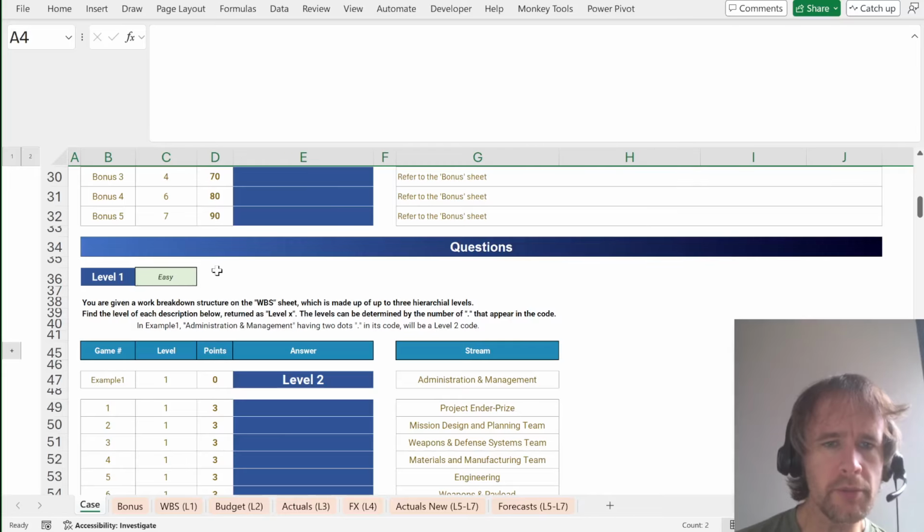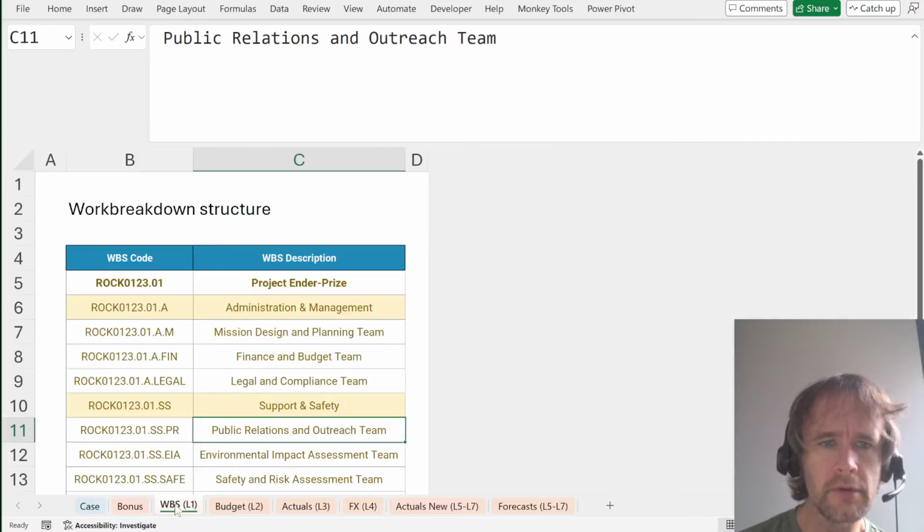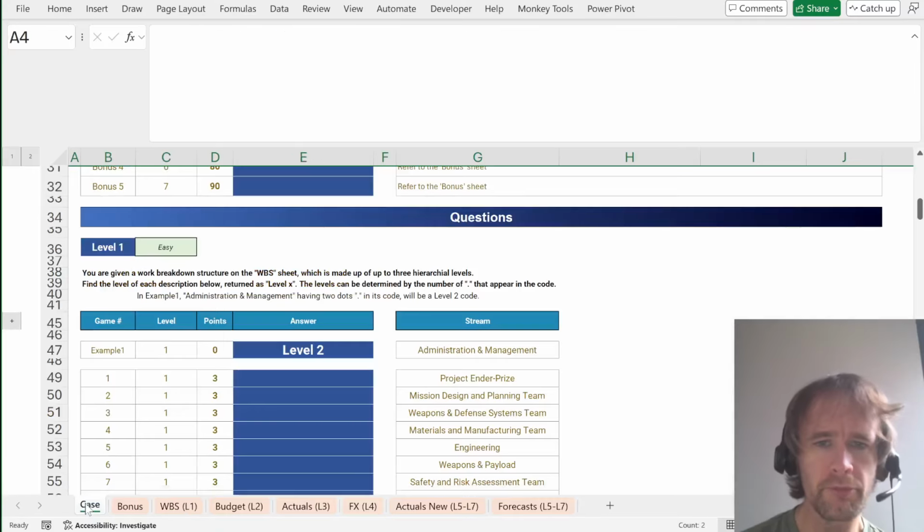So you're given a work breakdown structure on the WBS sheet, which is made up of up to 3 hierarchical levels. Find the level of each description below, returned as level X. The levels can be determined by the number of dots that appear in the code. Okay. Fine.